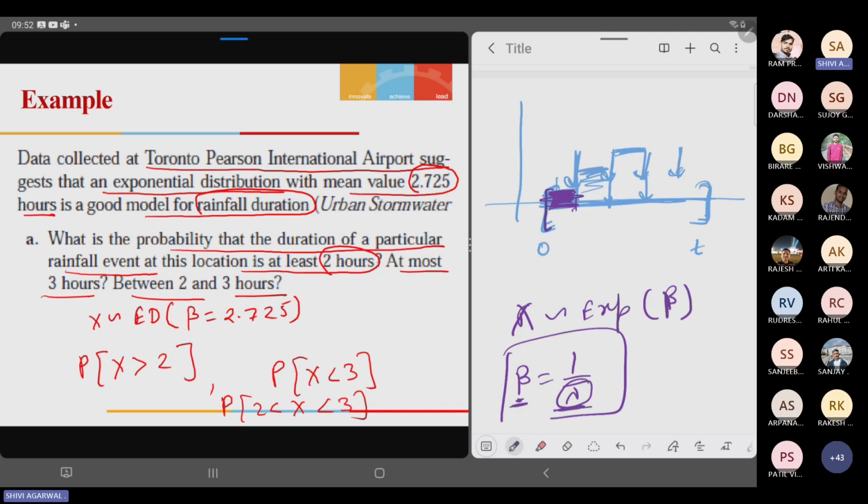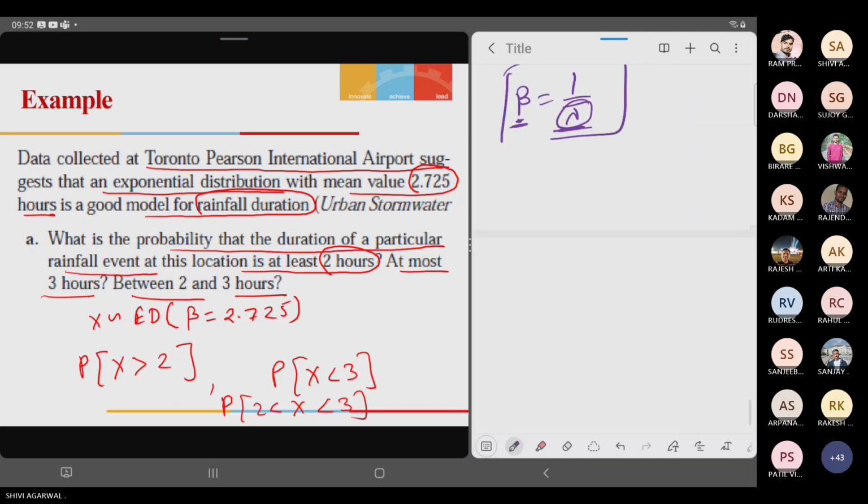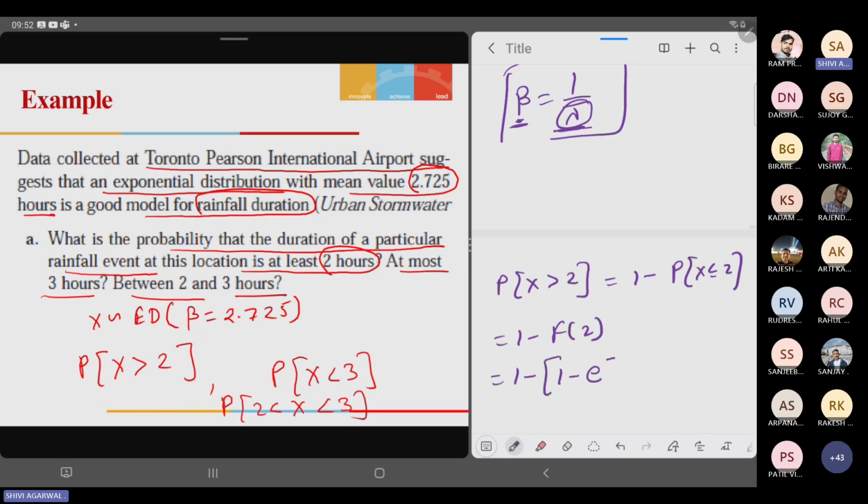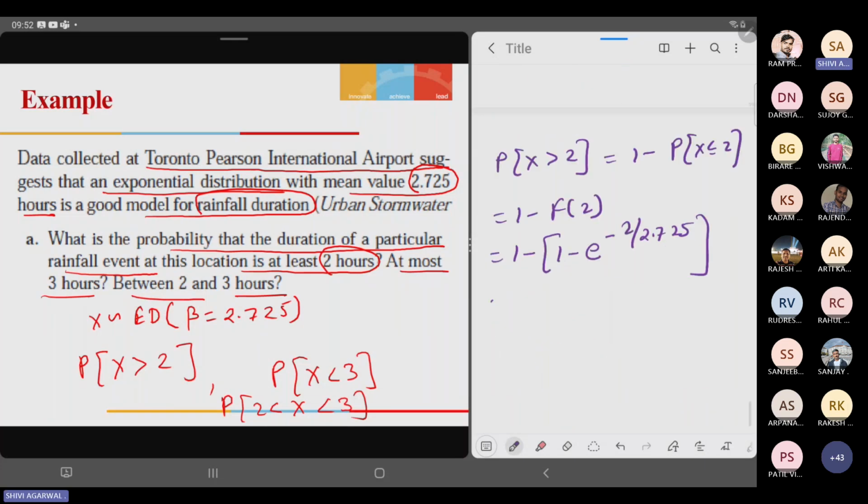I believe that you can do it, right? We have done one question already. The probability when x is at least 2 hours means 1 minus the probability when x is less than or equal to 2. So it is 1 minus F of 2, which is e to the power minus 2 upon 2.725.